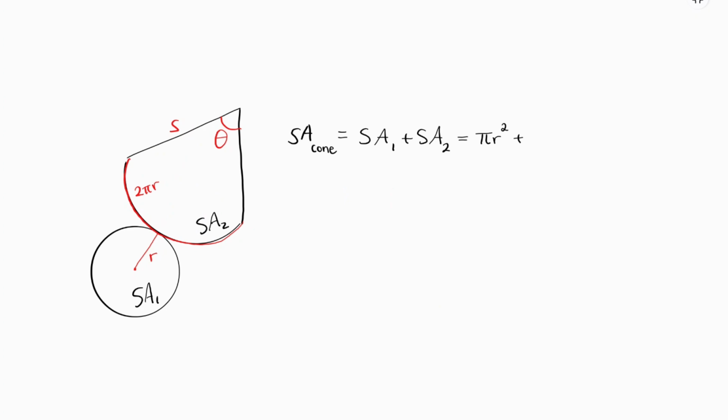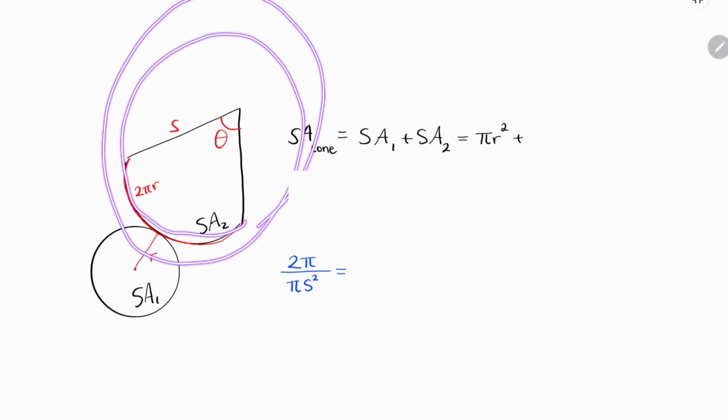If we consider this sector, we have an angle theta. The angle of an entire circle, 2 pi radians, corresponds with the area of the entire circle.